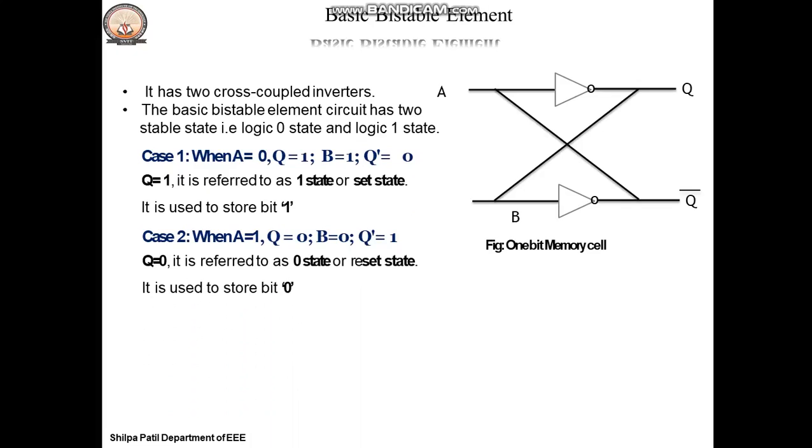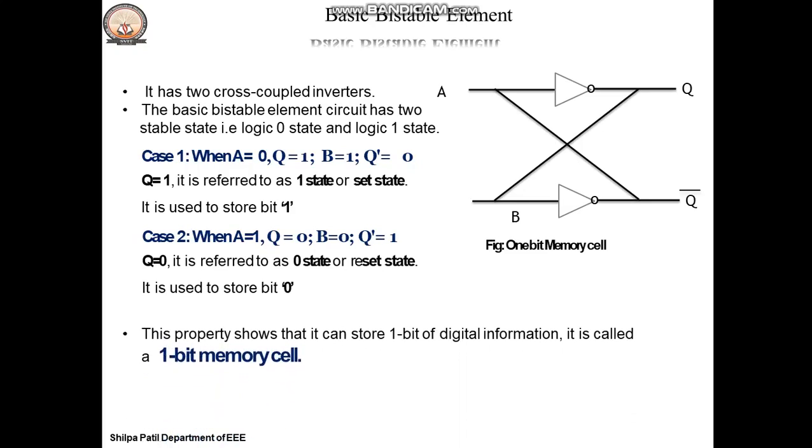Okay. So when we give different inputs to A, we get two states here, right? One is a 1 state, that is the logic 1 state, and another one is the logic 0 state, right? Hence we call it a bistable element.